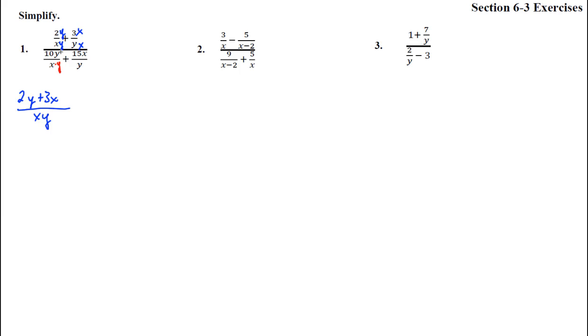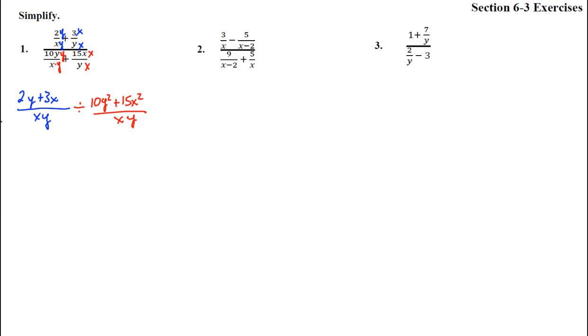Times by y, and times by x, and times by x. And we now get, so this is going to be divided by, this bottom one is 10y squared plus 15x squared over xy. So we took the top fraction divided by the bottom fraction, after adding them together.